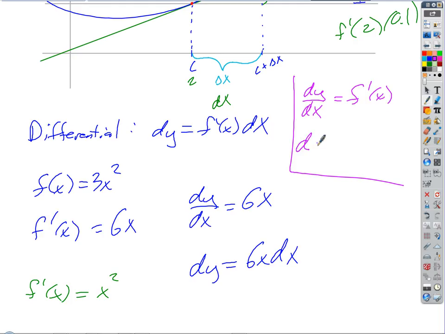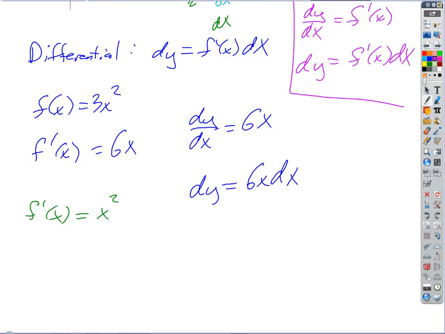And so the differential form of the derivative is dy equals f prime of x dx. We don't even need the graph to demonstrate that. That's just a different way of writing calculus notation that we can completely separate from this picture if we want to.